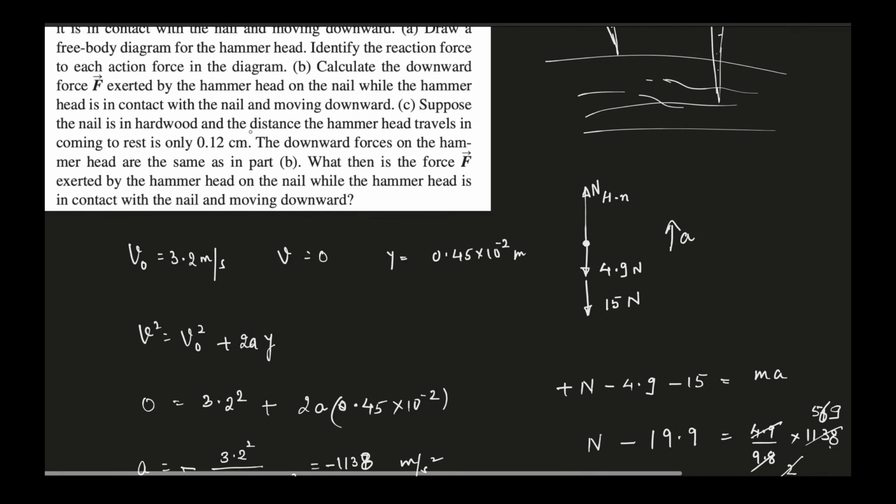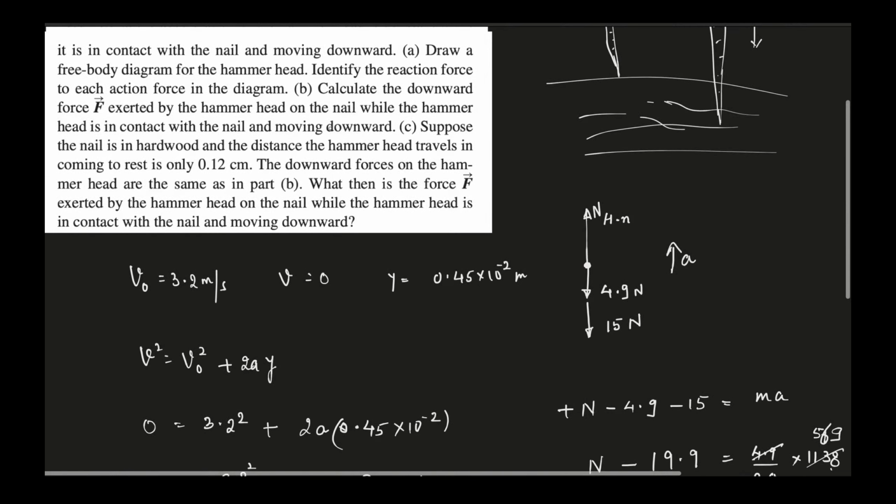Calculate the downward force exerted by the hammerhead on the nail while the hammerhead is in contact and is moving downward. So, what will be the answer to the B part?